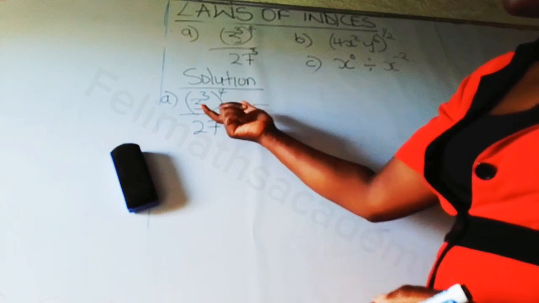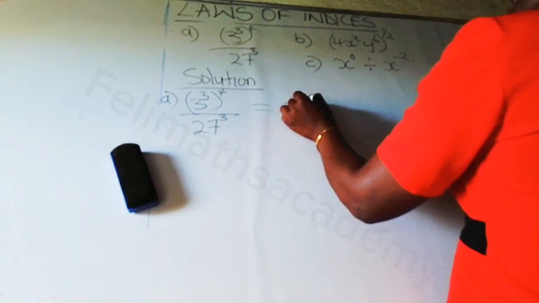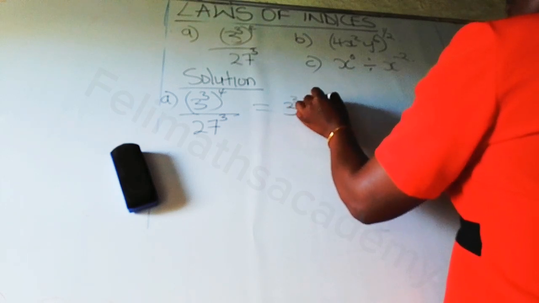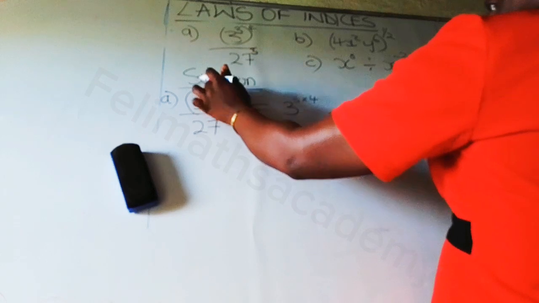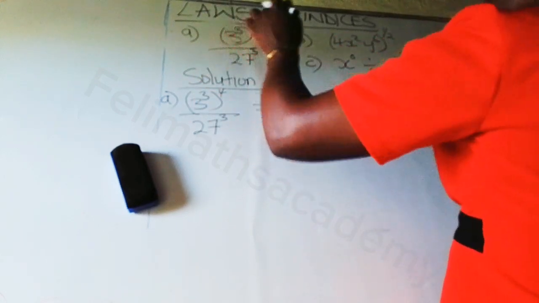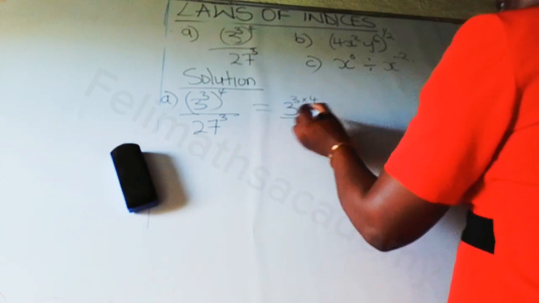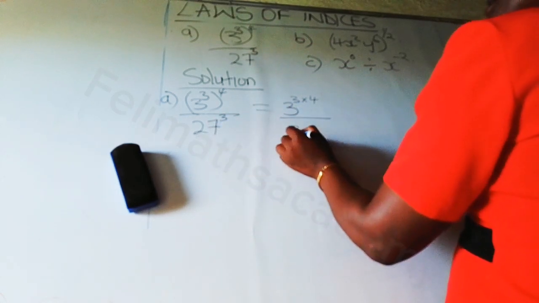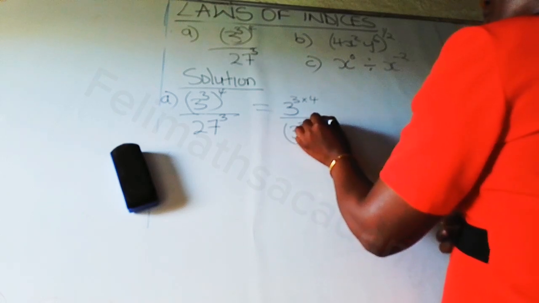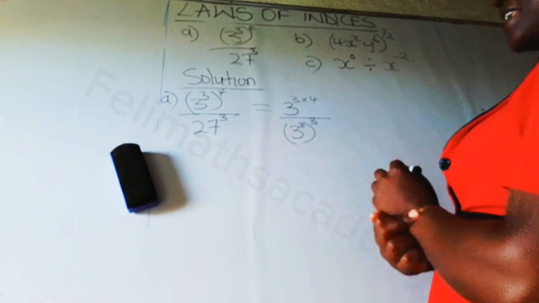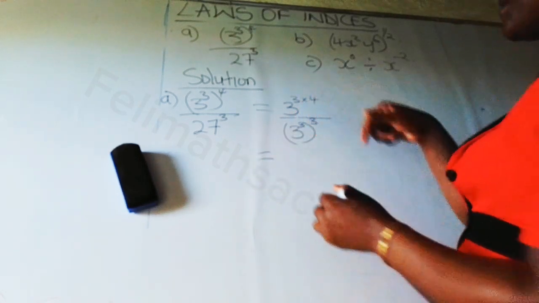But we can also simplify this part. 3 to the power of 3 is also raised to the power of 4, so we multiply the powers. It's a product of indices. Over this, 27 is just the same as 3 to the power of 3. Are we together? Right, so it's 3 to the power of 12.